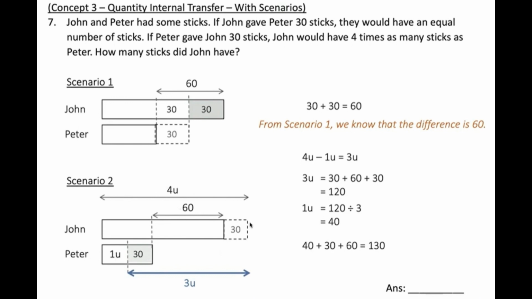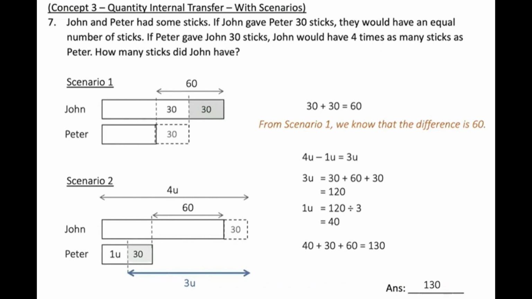But you can also do 4 units minus 30. You know what I mean? So the solution here is 1 unit plus 30 plus 60, which is equal to John. Alternatively, you can do 4 units minus away 30. Both answers will be the same, 130.